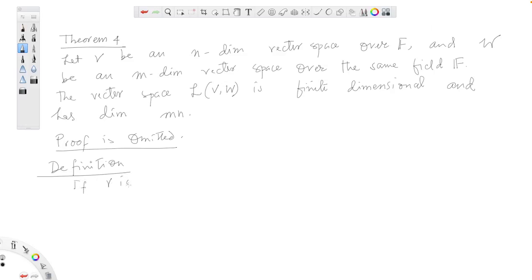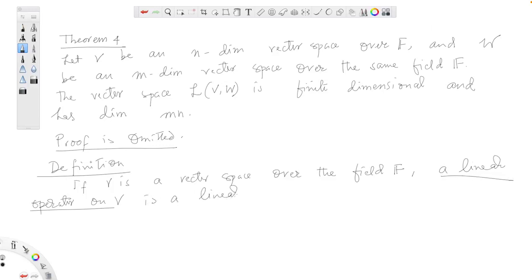If V is a vector space over the field F, a linear operator on V is a linear transformation from V to itself.